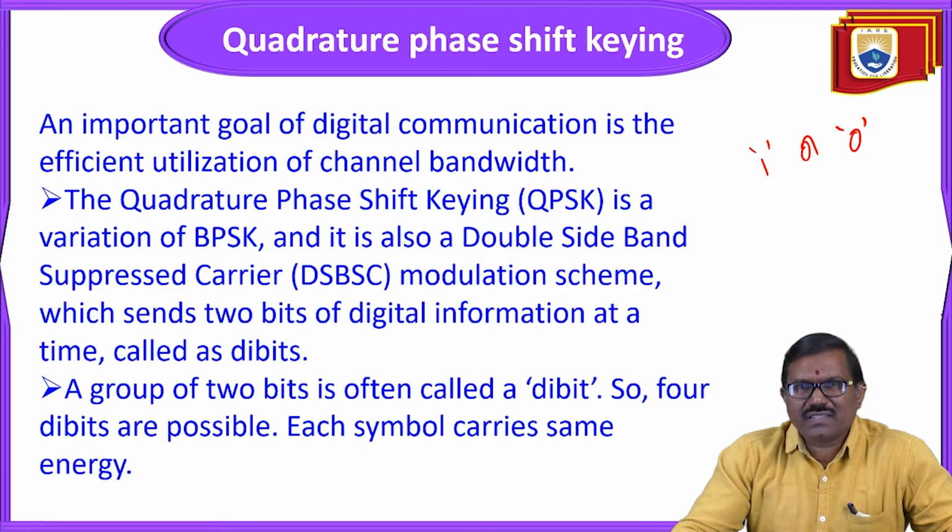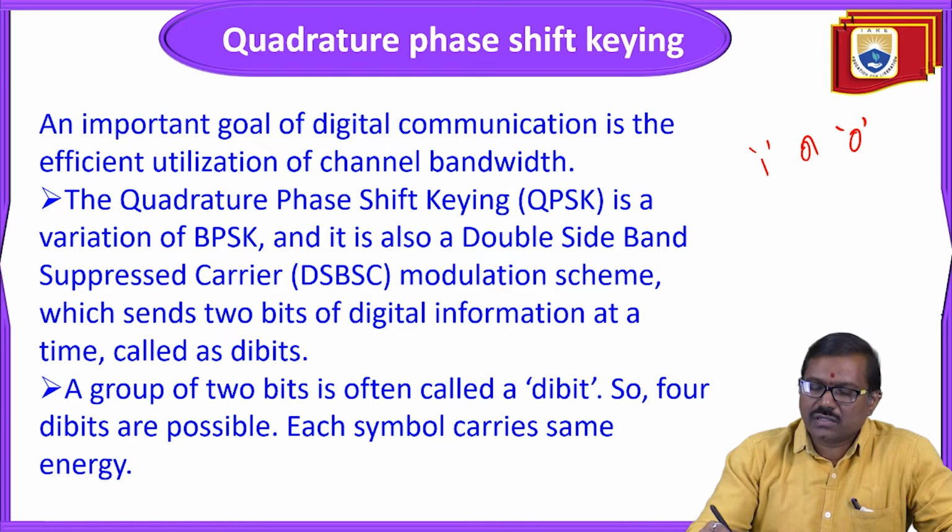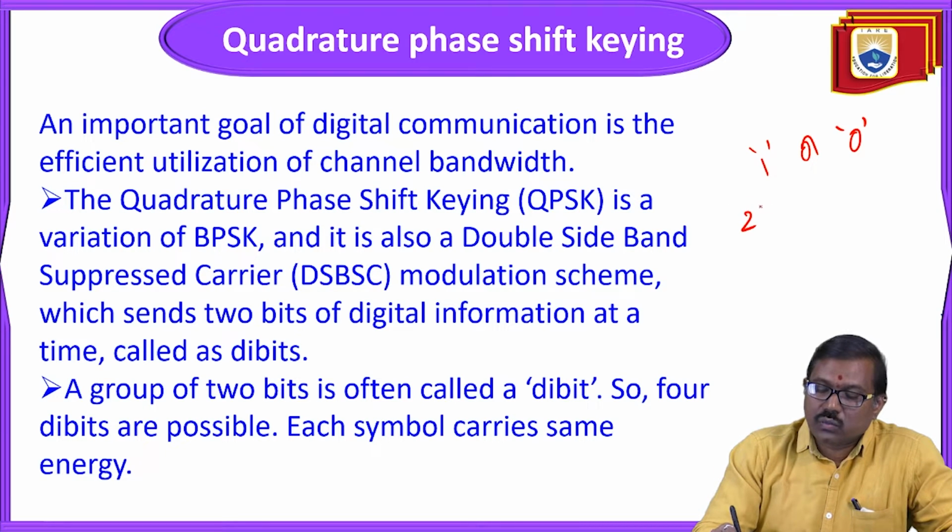In QPSK, we can send 2 bits at a time. How? This is related to binary: M is equal to 2 power n.